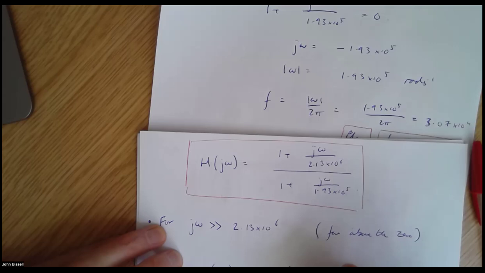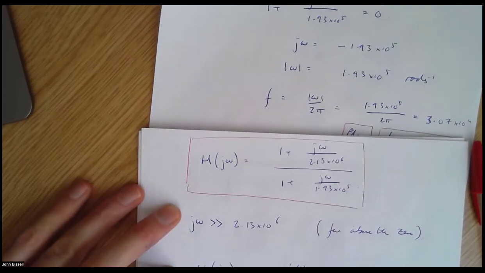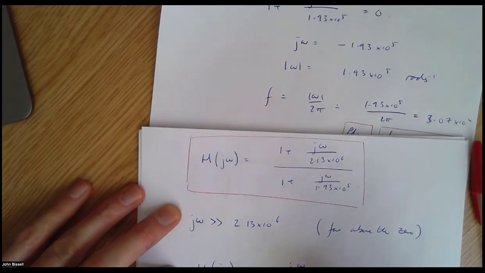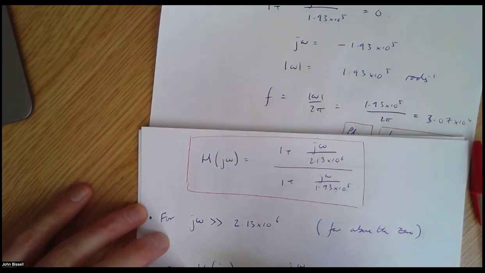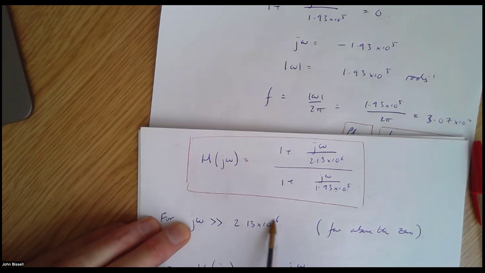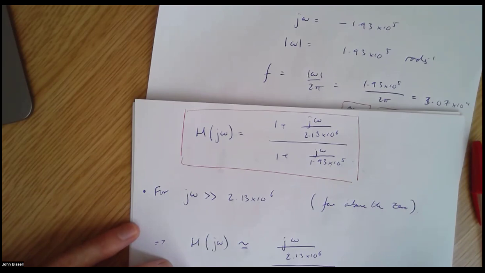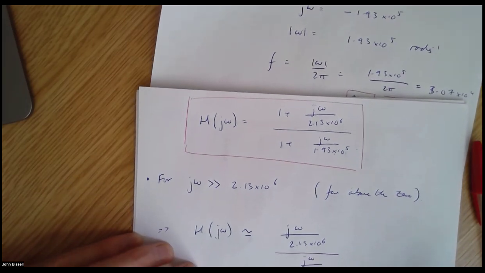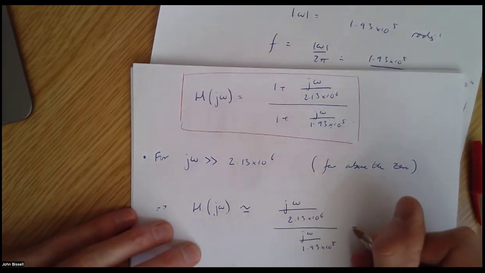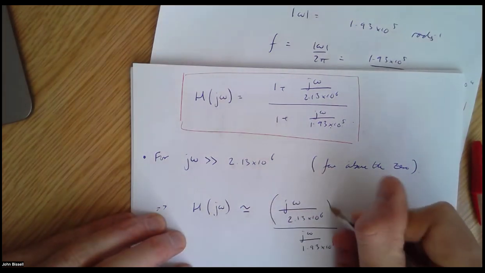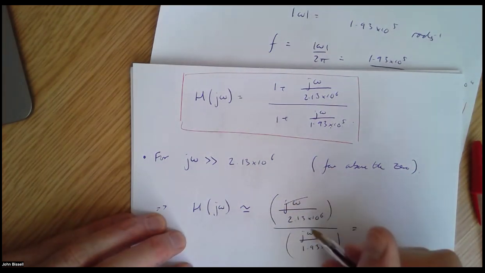And we just get left with j omega over 2.13 times 10 to the 6, divided by, if j omega is much bigger than this, then it's also much bigger than that. So we're just going to get left with j omega over 1.93 times 10 to the 5. Those bits are going to cancel out.